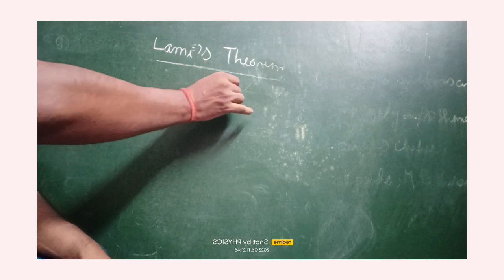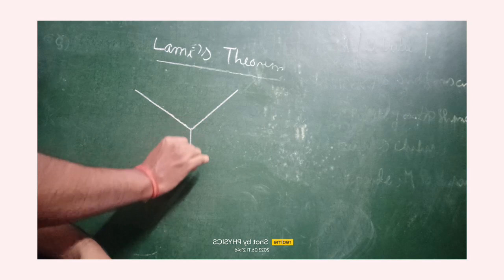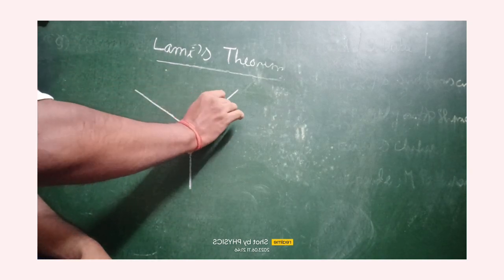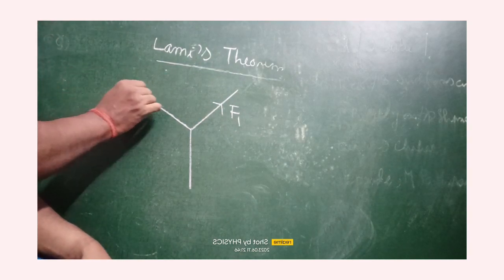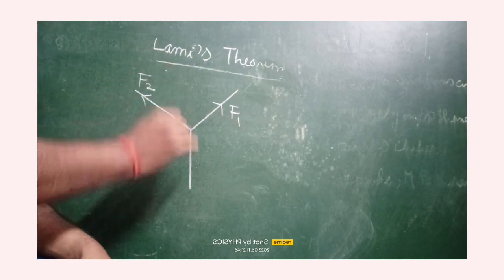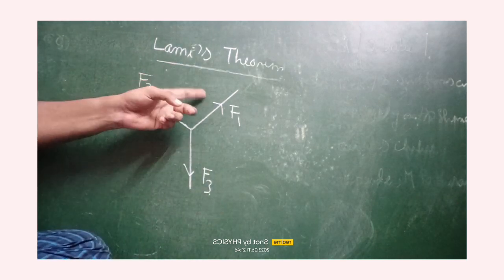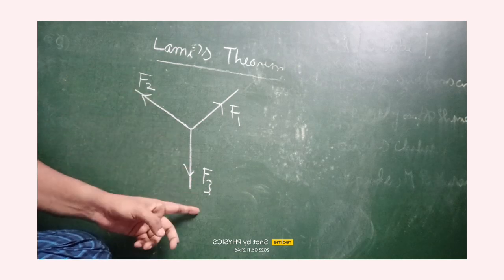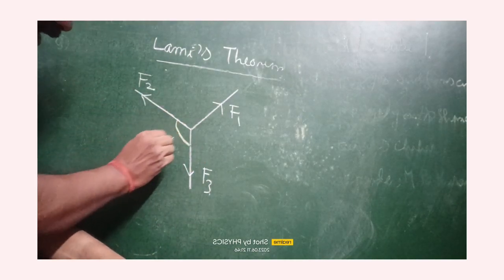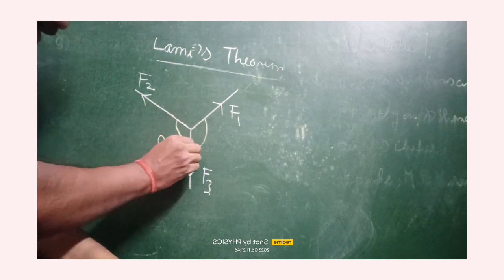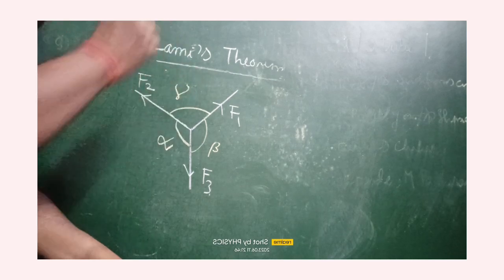We draw the concurrent forces. Consider F1, F2, and F3. This is F1, this is F2 and this is F3. This angle is alpha, that angle is beta, and that angle is gamma.